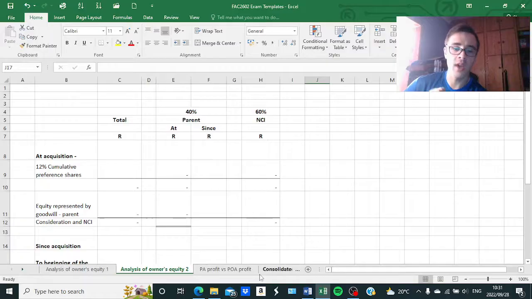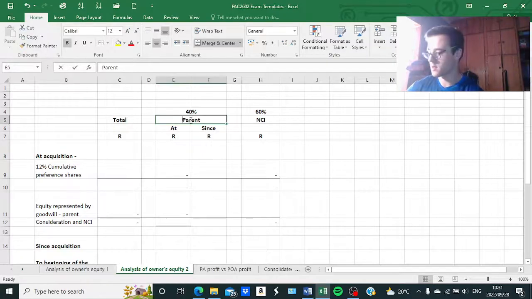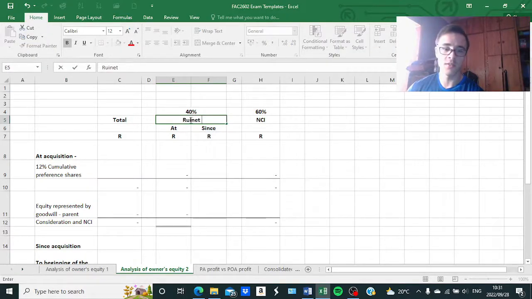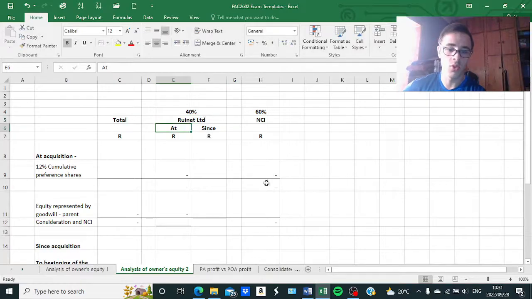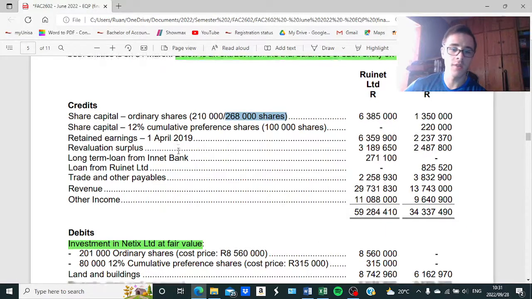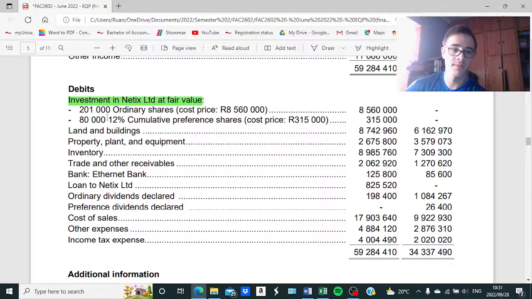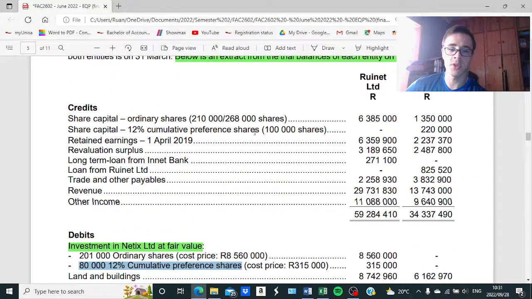And then for your preference share capital, the percentage interest of the parent will be the number of preference shares owned by the parent divided by the number issued. The number of preference shares owned by the parent is 80,000, and the subsidiary has 100,000 shares issued for its preference share capital.